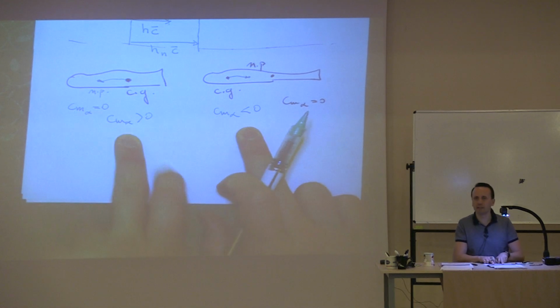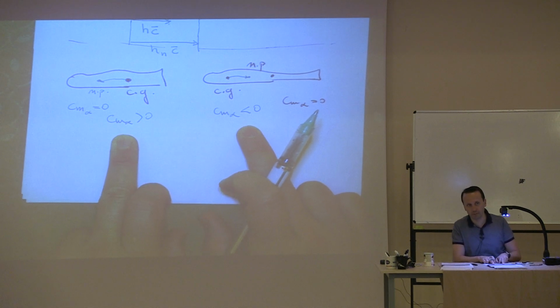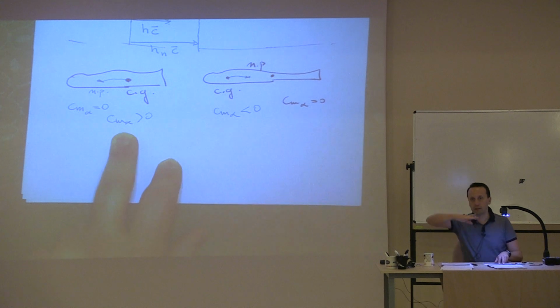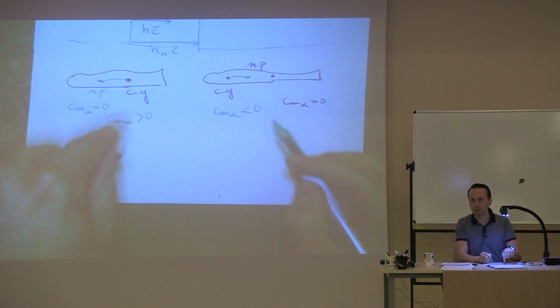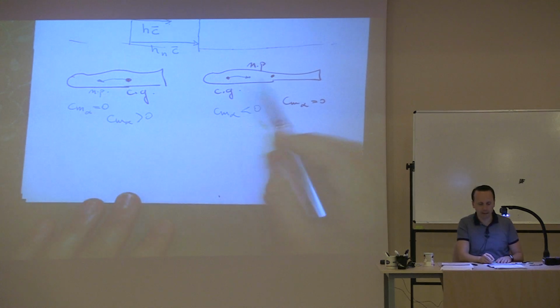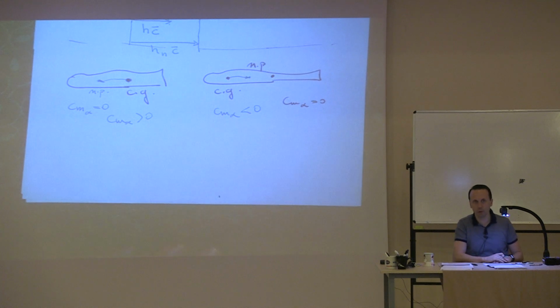Now, of course, remember, this is not the only condition for stability. You also need Cm0 to be positive, right? At zero angle of attack, you want to have a positive moment. But one of the conditions has to be met, and that is that the CG is in front and the neutral point is in the back. Any questions so far?